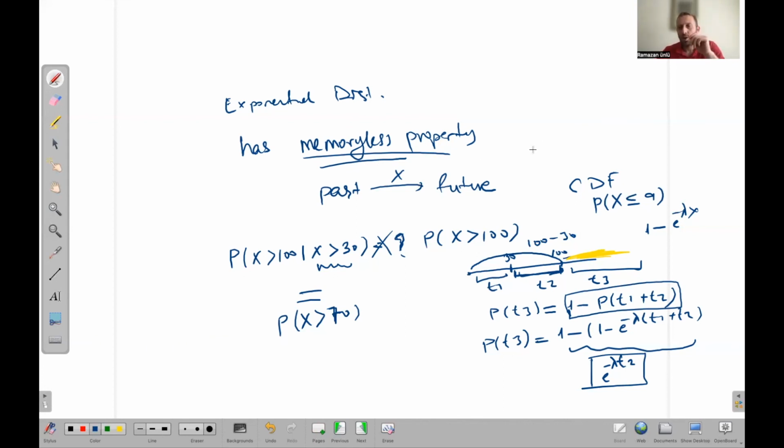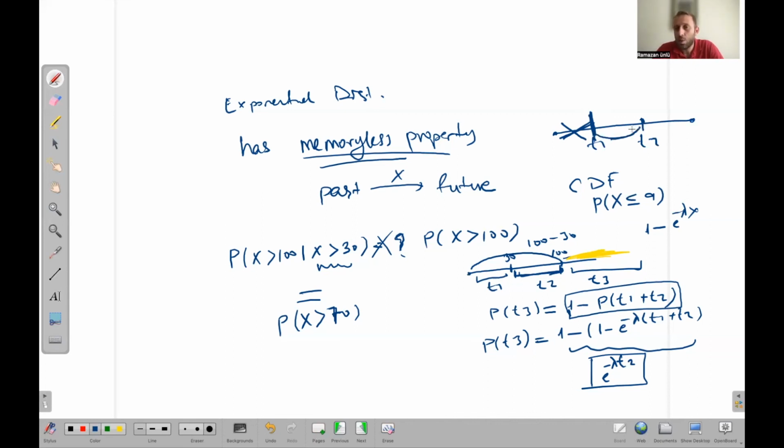And that is because of the memoryless property of the exponential distribution. In a simpler way, if you are asked something like that, where there are three regions, let's say T1, T2, you can think of every single point as a new experiment. So simply you can ignore this part and think that we start from the beginning, okay? You can think of that point as the first beginning point of those experiments. That's why I'm calculating the remaining part.